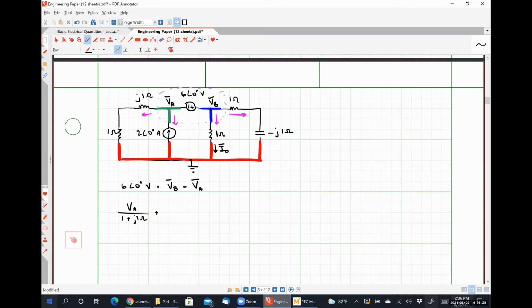Then I will have minus 2 angle 0 degrees amps. The current flowing down through my 1 ohm resistor will just be VB over 1 ohms. And then the current flowing to the right will be VB divided by 1 minus J1 ohms.